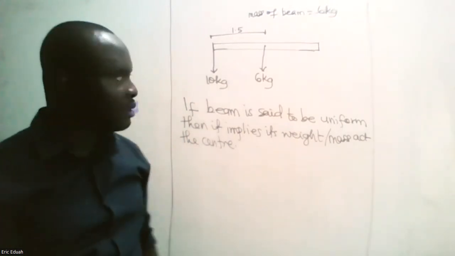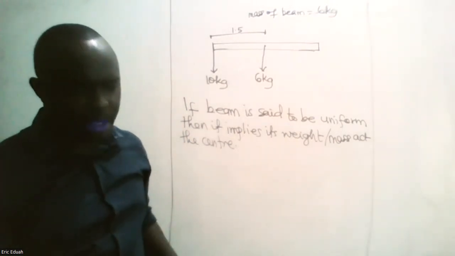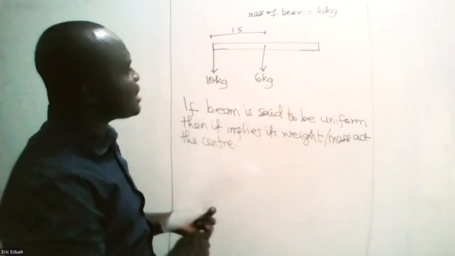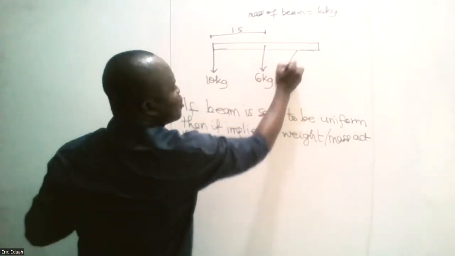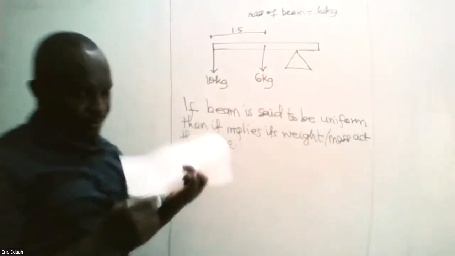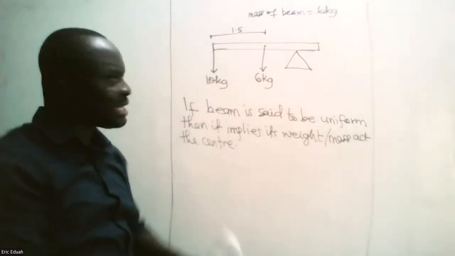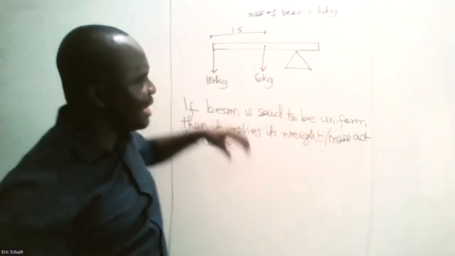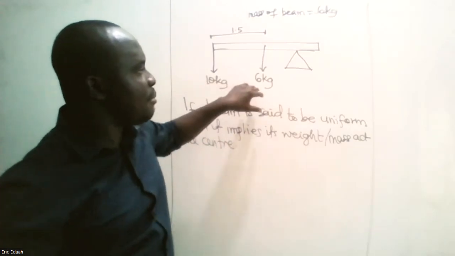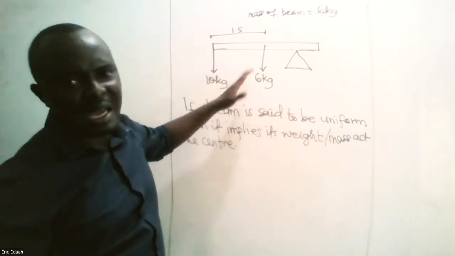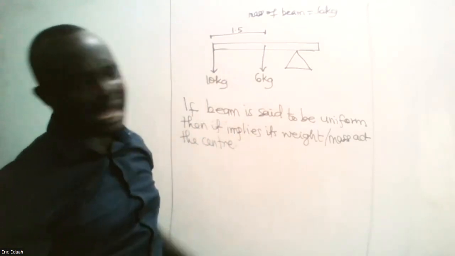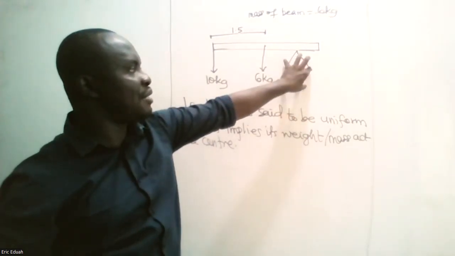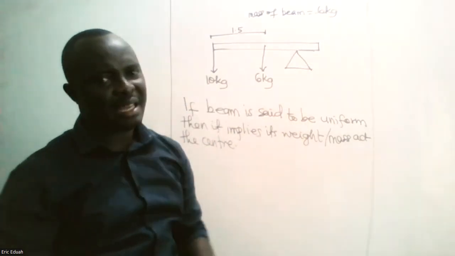Please, between the two masses. Okay, good. You see, there is no way we can place the pivot at the end to balance it. Practically, it's like we have a bar and two people sitting at the sides of the bar, and we have the support over here.